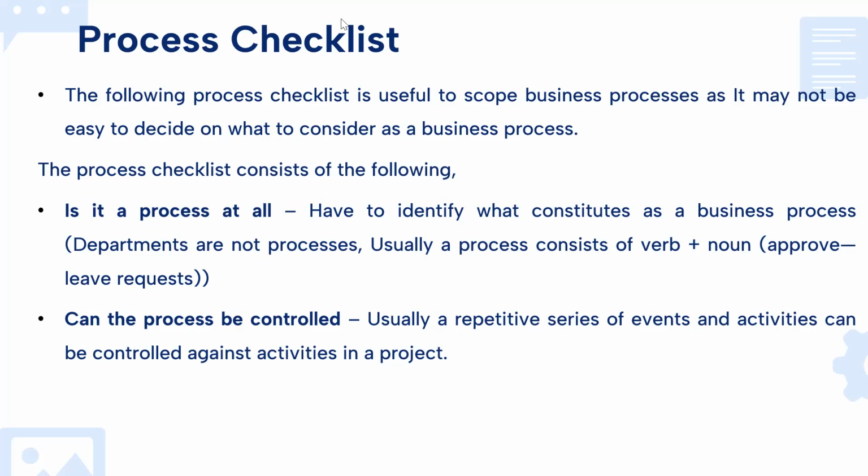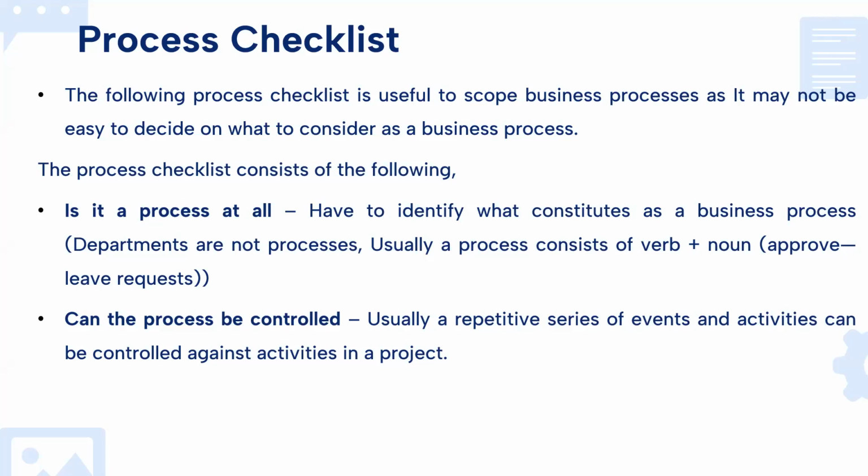Okay, I will explain this one by one myself again then. So basically, can the process be controlled? For example, we have learned that within an organization, we can identify operations as well as projects. Projects are not repetitive activities, and we don't have the same prior knowledge, so there might be variations.